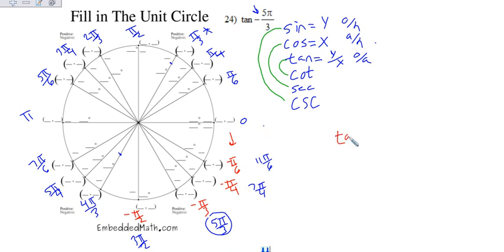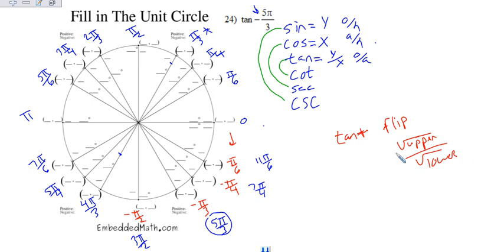So tangent in this quadrant is going to be positive. So we simply use our hand trick, which says you find your finger that corresponds to the pi over 3, which is your index finger, and you flip your hand over, and then it becomes the square root of your upper fingers divided by the square root of your lower fingers.